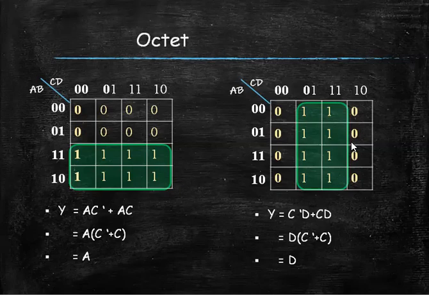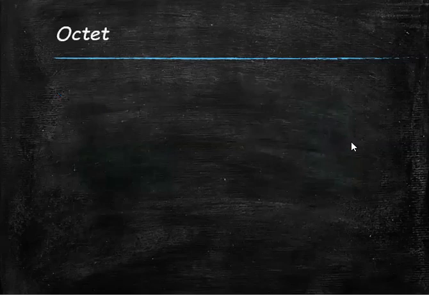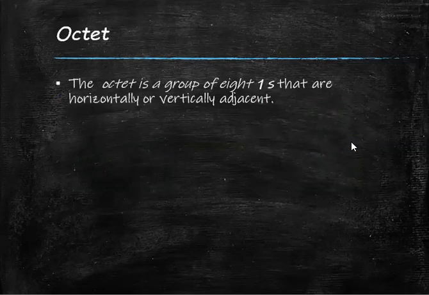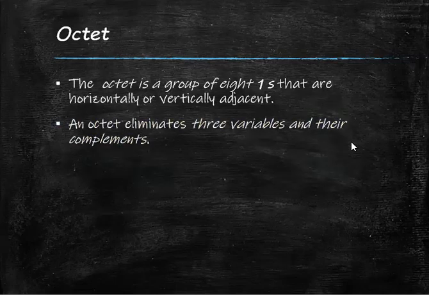It is known as an octet. An octet is a group of 8 ones that are horizontally or vertically adjacent. An octet eliminates 3 variables and their complements.